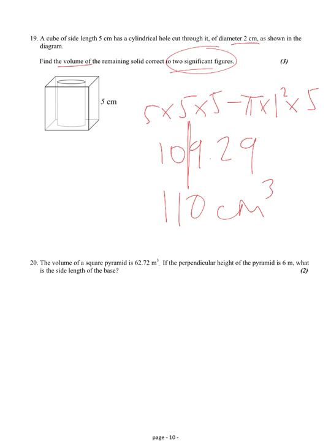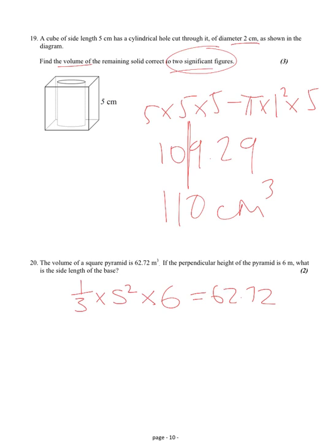Alright, the volume of a square pyramid. Now, a square pyramid is a third times the area. Well, the area of a square is side times side, or side squared. You can use length times breadth if you like, times by the height, which is 6, and they say the answer is 62.72.